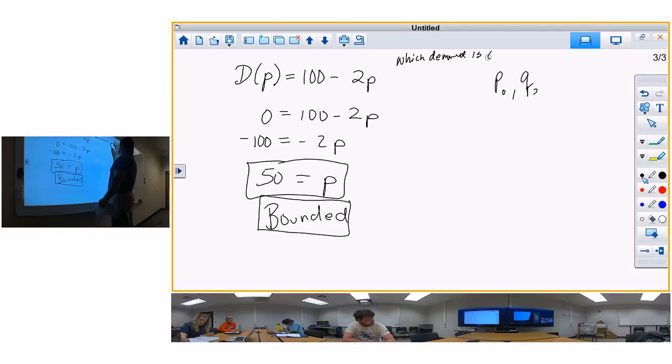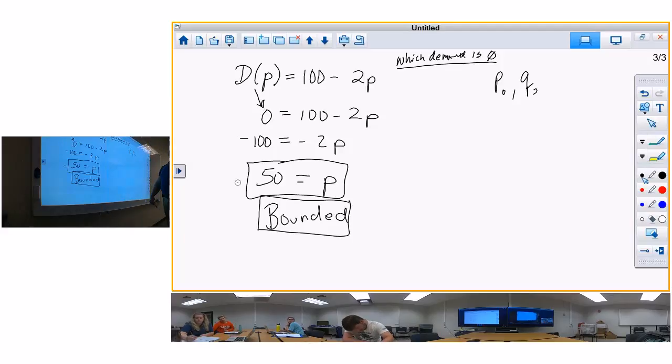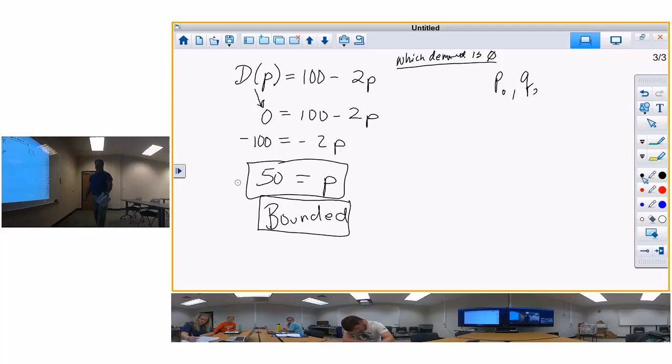I didn't see that when I was writing it. So you have to set the demand equal to 0 and solve it. It's just basic algebra. That's why I couldn't find it in the note-taking guide, because it's not even in there.